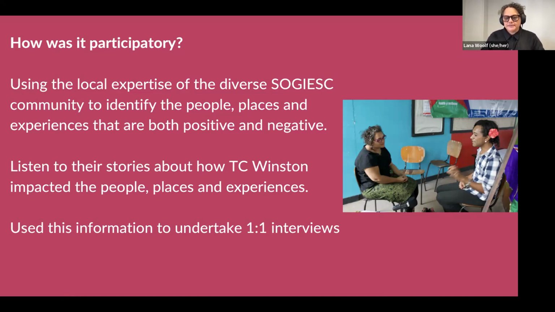Perhaps they didn't have ID, or because some of them were transgender, they didn't have ID that matched their identity. They didn't have bank accounts, or they didn't even have mobile phones, which was how money was transferred in cash-based interventions. So it was a way for them to get the resources they needed to recover from Cyclone Winston.